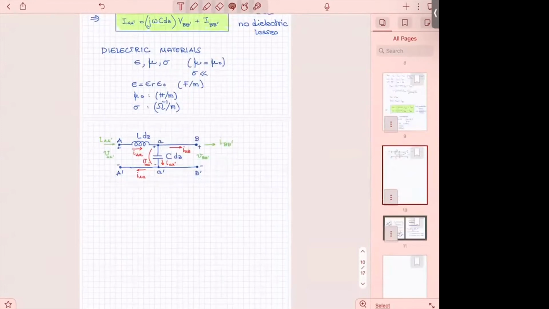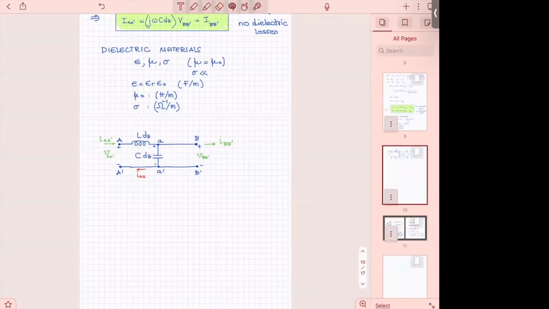So this one, and I will simplify, I'm not going to have the internal anymore because those are gone. We don't need those anymore. But if you have sigma in the material, parallel to C, I'll move C to the other side. Parallel to C, you're going to have a conductance, G.